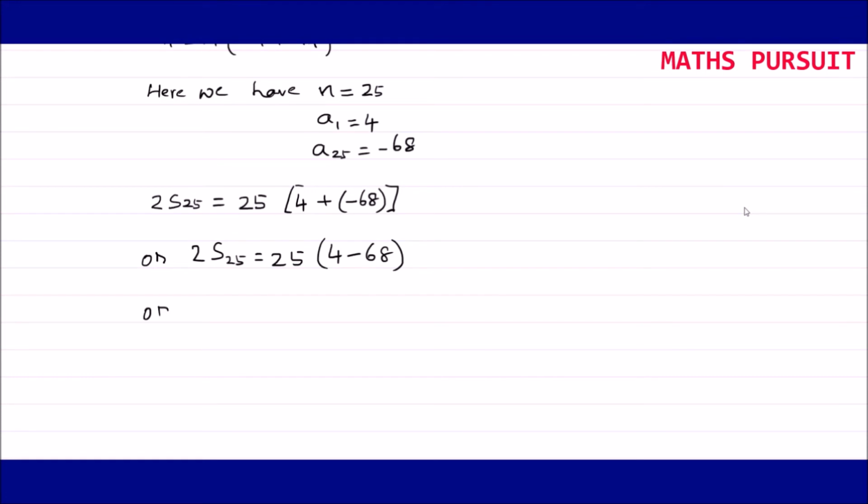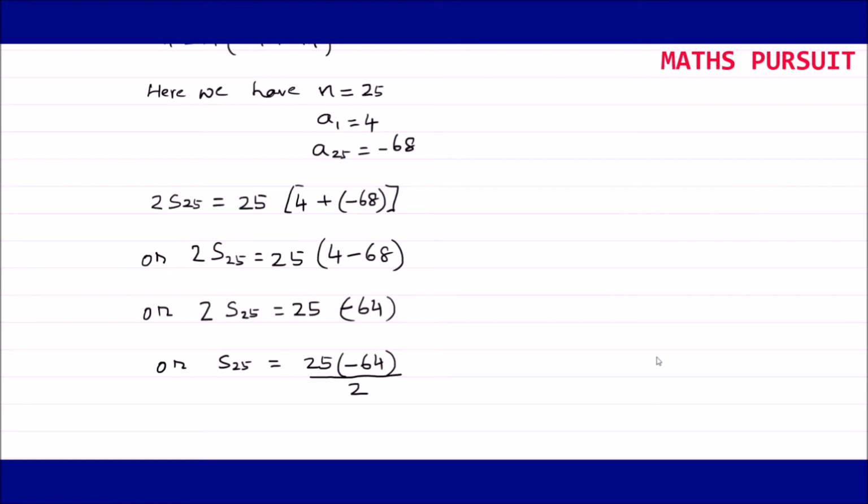Or I can write 2S25 is equal to 25 into minus 64. Now I will take this 2 from the left side to the right side: S25 is equal to 25 into minus 64 upon 2.